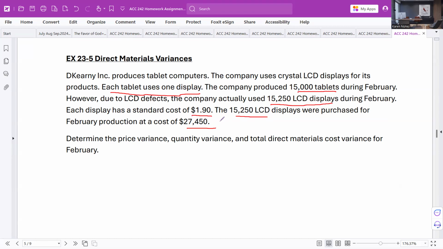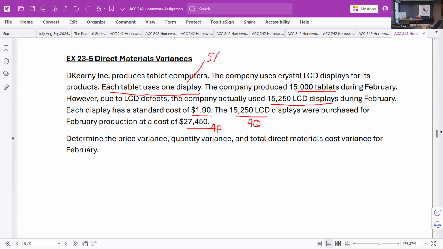So we got some actuals, right? The actual purchased quantity is the 15,250, and the actual cost is the 27,450. So again, the actual quantity and the actual price. And then we've got some information about the standard, right?